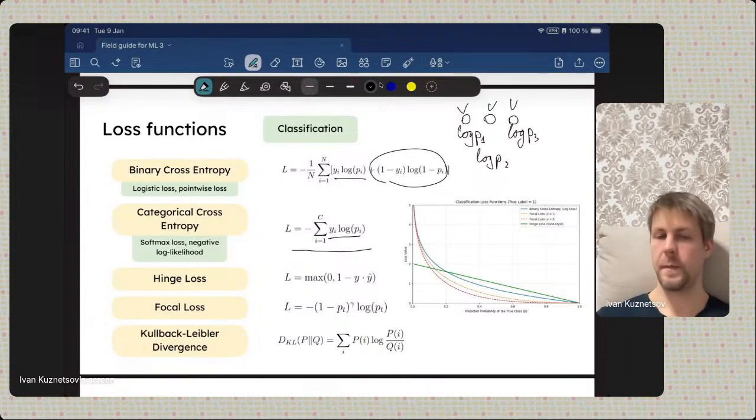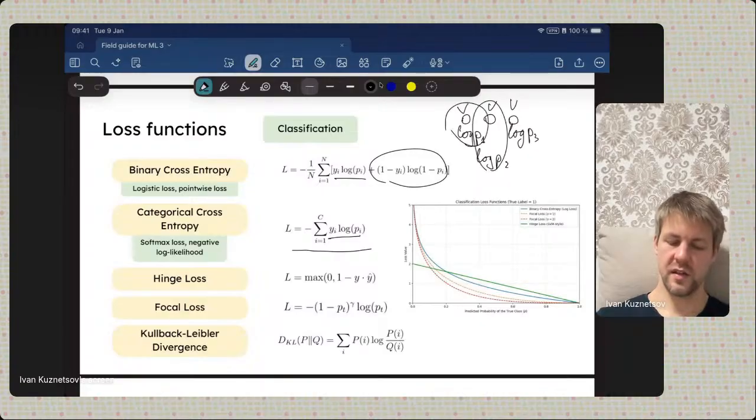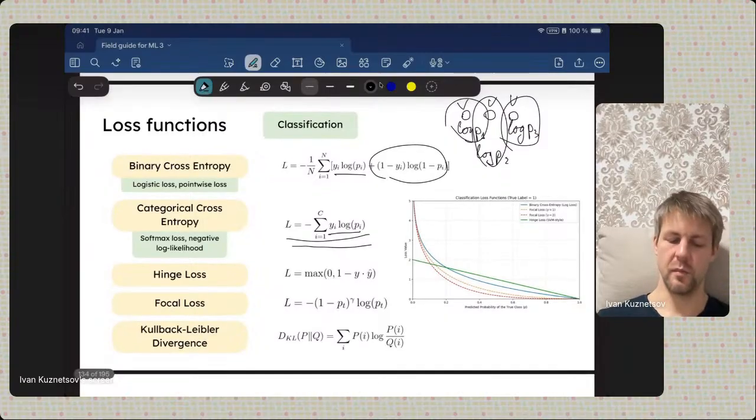But over the data set, there will be cases when this is correct, this is correct, this is correct. So we are summing over many such cases. And then we multiply by y, but only one y will be correct at a time. So eventually, it all comes down to the sum of log of p true.